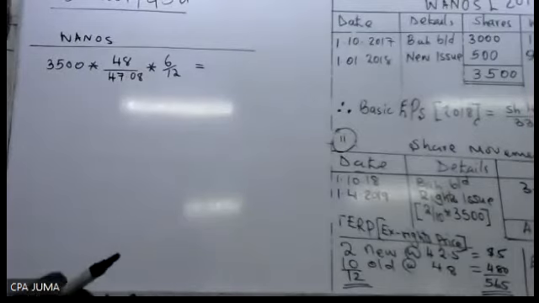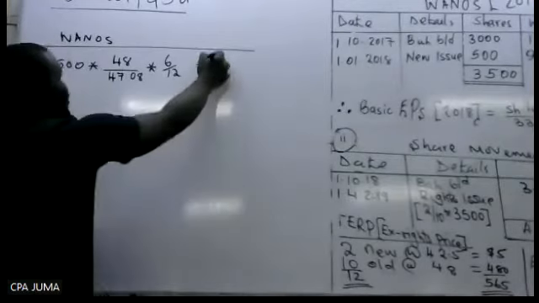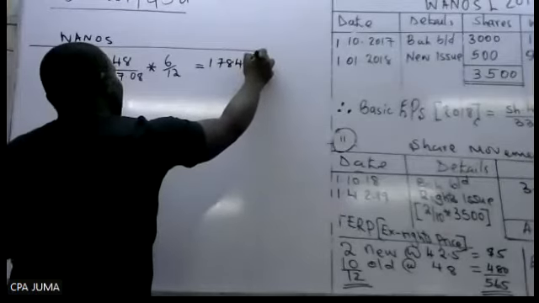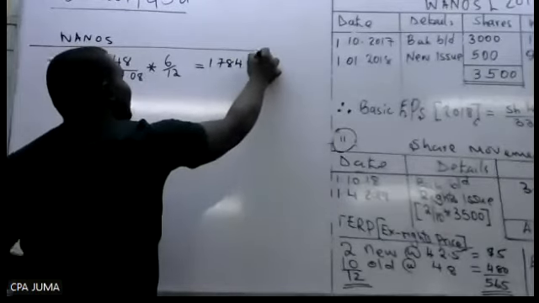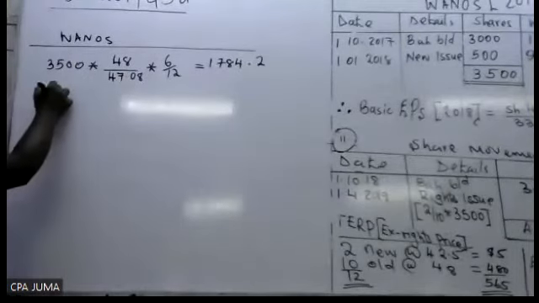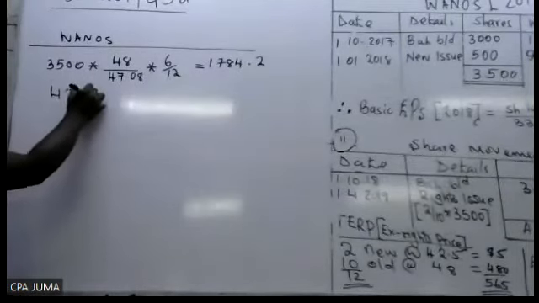So 48 divided by 47.07 times 0.5 times 35. That one comes to 17.84, 17.84 there. Then after the rights issue, we have how many shares?